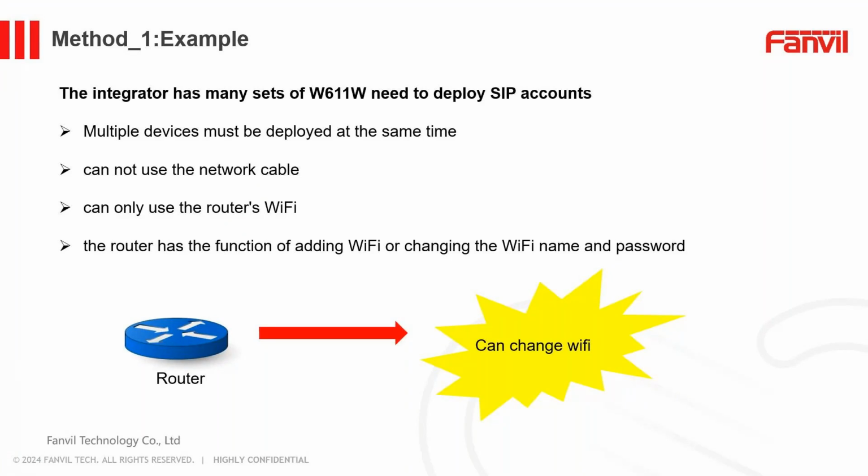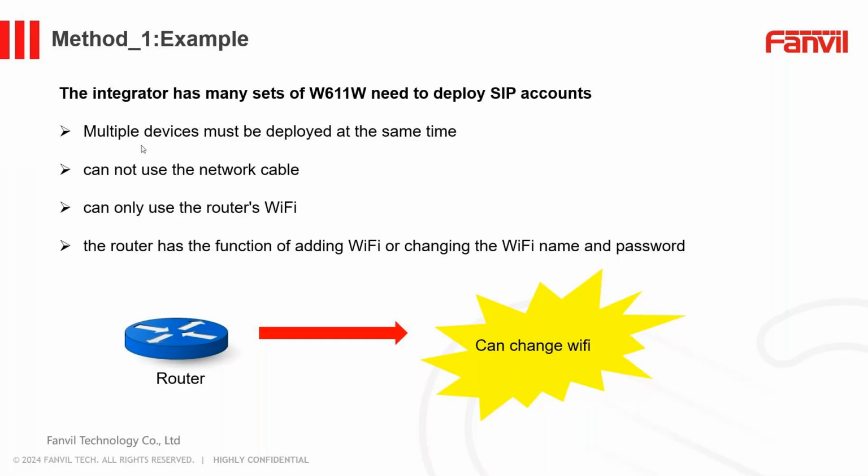So let's say that we have an integrator that has many devices, like sets of W611, that need to deploy SIP accounts on them. Let's say that in this environment, we cannot use network cables, of course, because we have Wi-Fi devices, and the devices must be deployed at the same time.